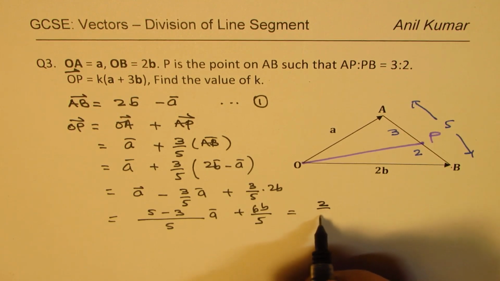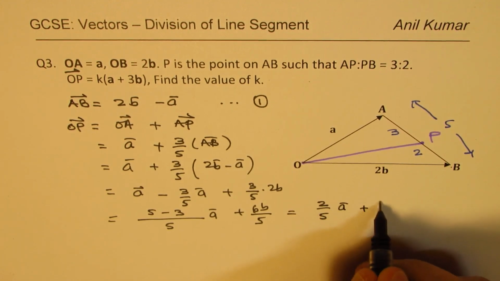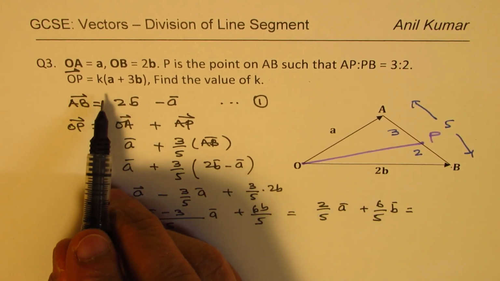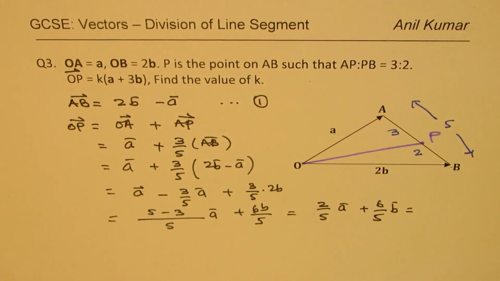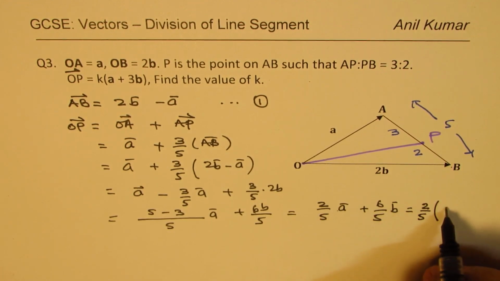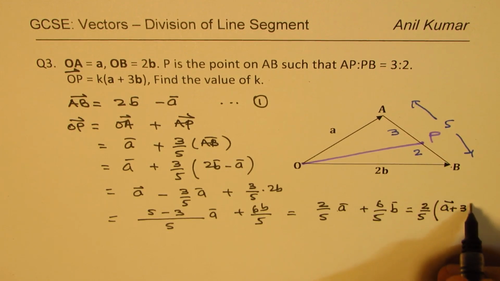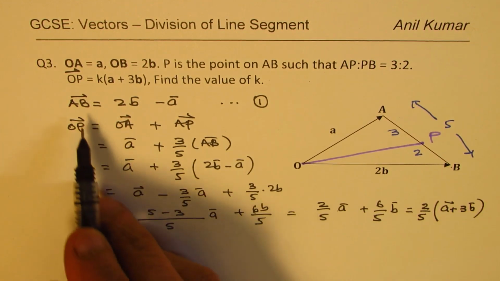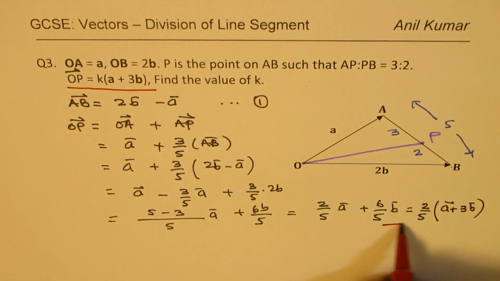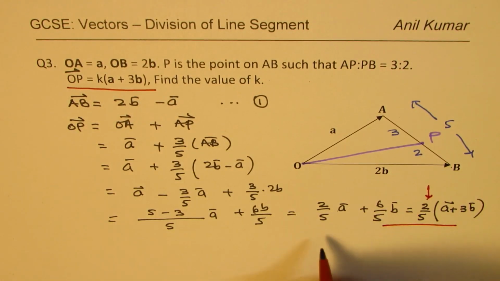So we get 2 over 5A plus 6 over 5B. We want A plus 3B in the bracket. So we can take 2 over 5 common, right? So taking 2 over 5 common, we get A plus 3B, right? So comparing these two right there, we know what the value of K is, which is 2 over 5. So we know K is 2 over 5.